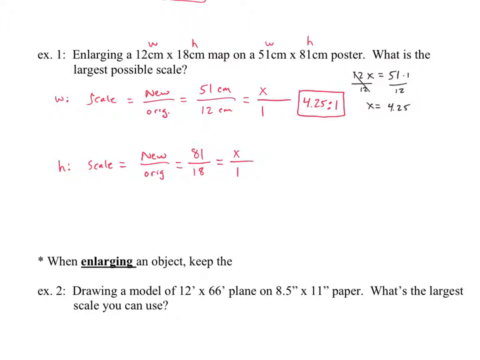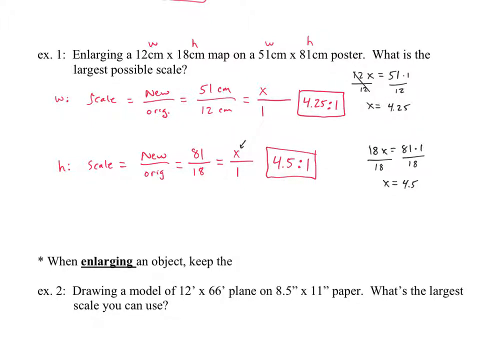I'll do my cross multiplying the same, doing this first because I like seeing x on the left side of my equation. 18x equals 81 times 1. If I want to solve for x, I divide both sides by 18, and I get x equals 4.5. So my 4.5 goes right there, which gives me a 4.5 to 1 ratio.